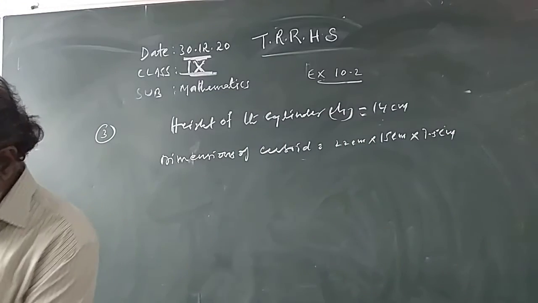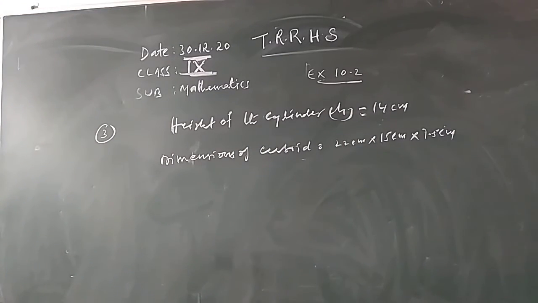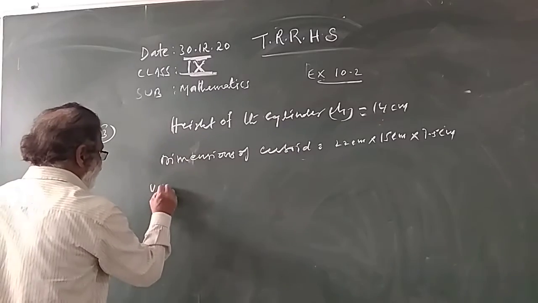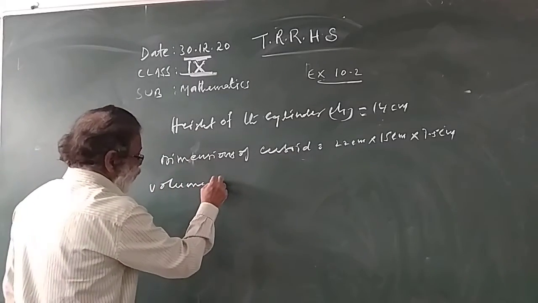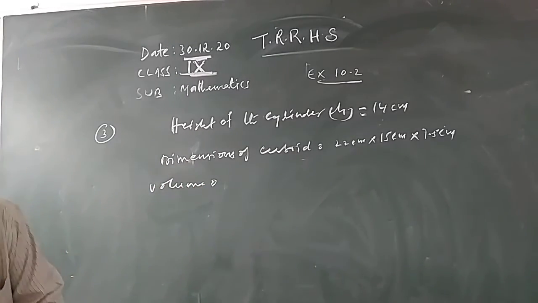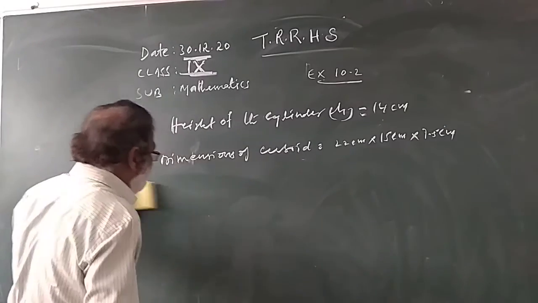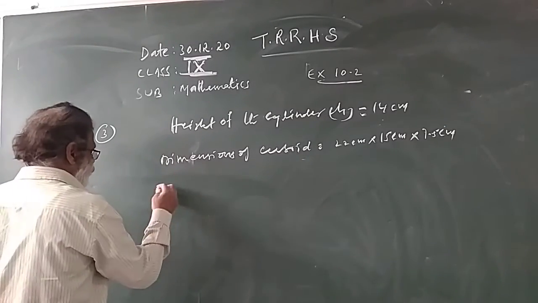So both volumes are equal. Volume of cuboid is equal to volume of cylinder, because the cylinder is shaped from the cuboid.